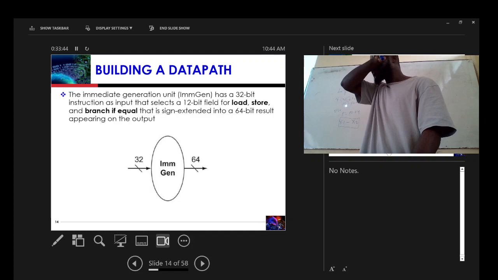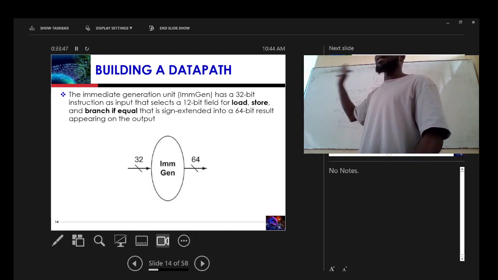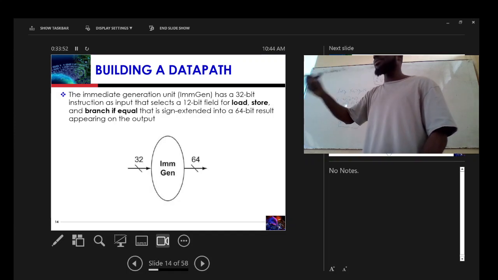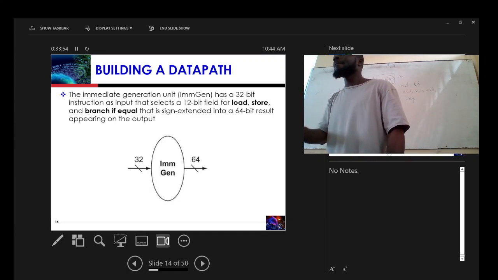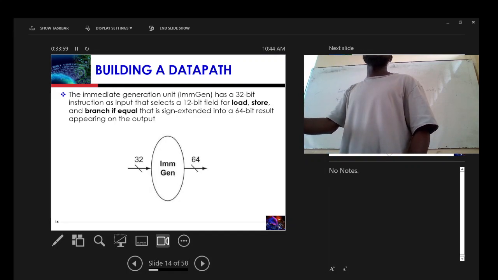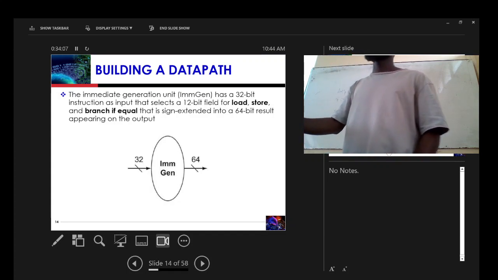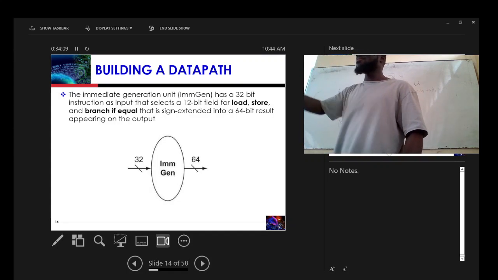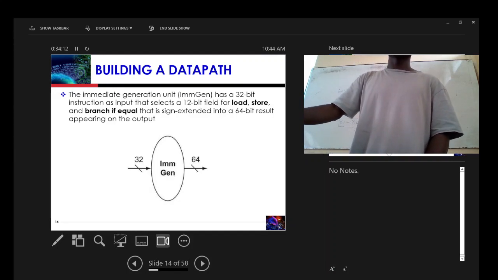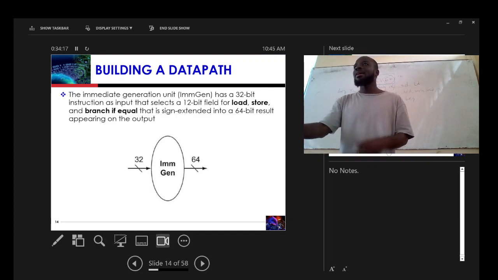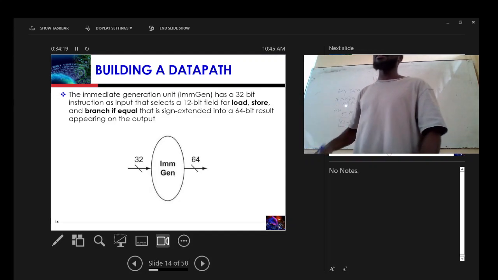Now our next component is the immediate generator. What does it do? I talked about it in the last lecture. It extends a 12-bit value to 64 bits. The immediate generator is for things like addi: x1 plus 10 equals x2.